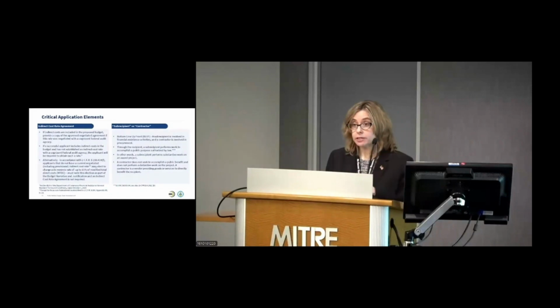It's 15%, and there's a whole calculation. In our budget narrative worksheet, it tells you what elements of your application are needed to calculate the modified total direct costs, MTDC, the base, and the 15% is applied to that.